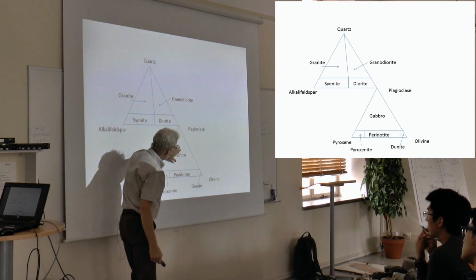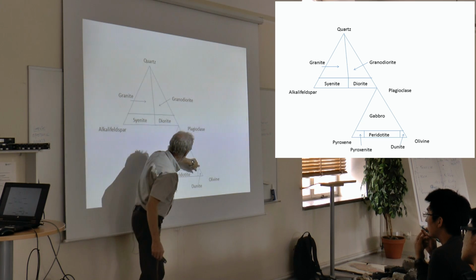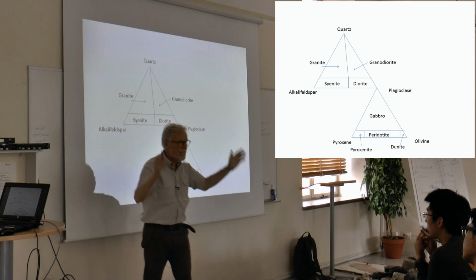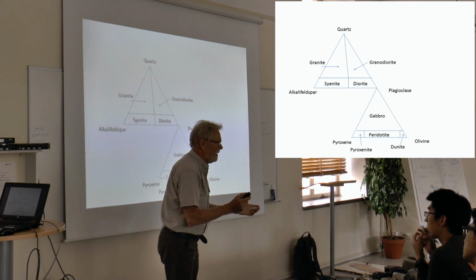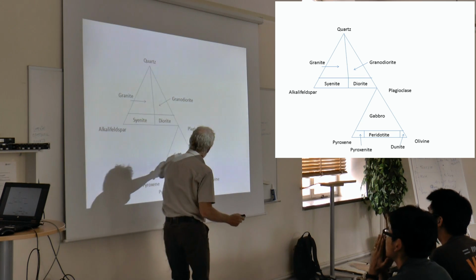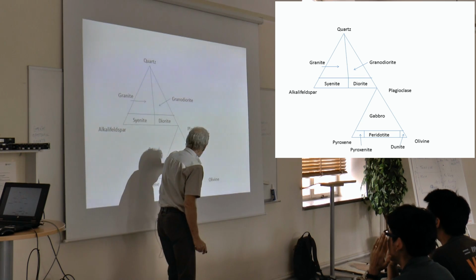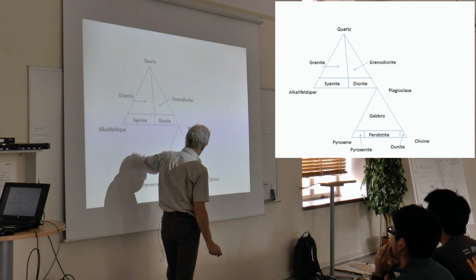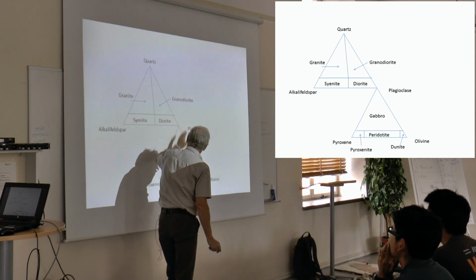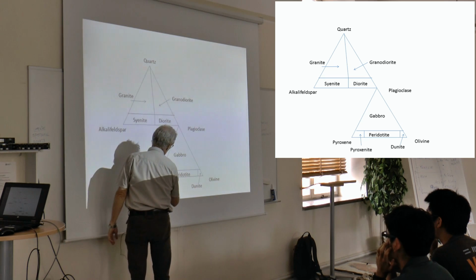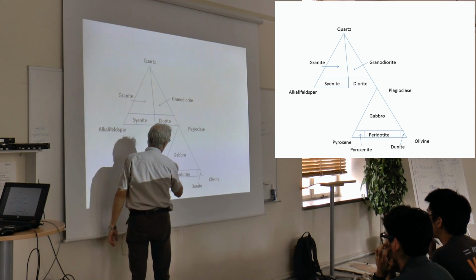So gabbro is very, you see, it can be almost any composition. It can be a very high concentration of olivine. It can be almost no concentration of olivine. And pyroxene can be very high, and so on.